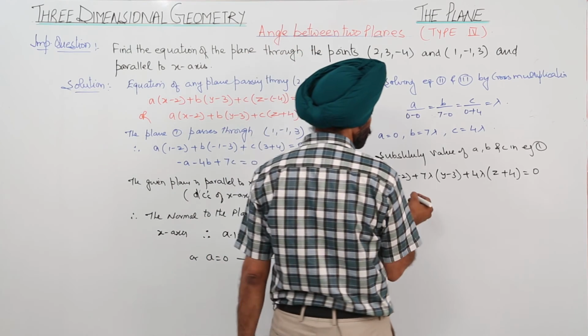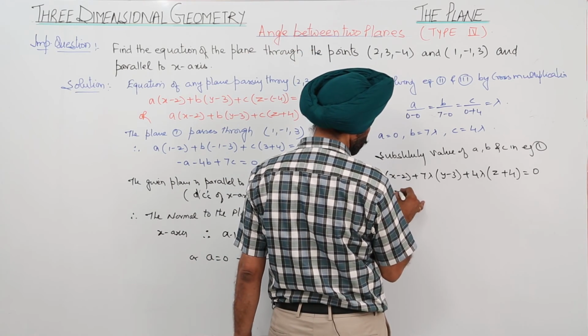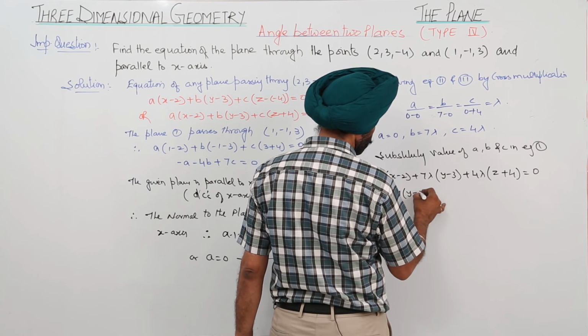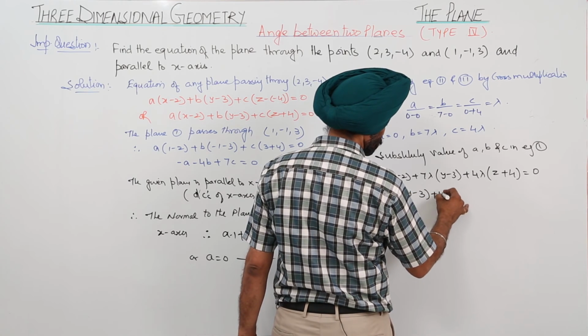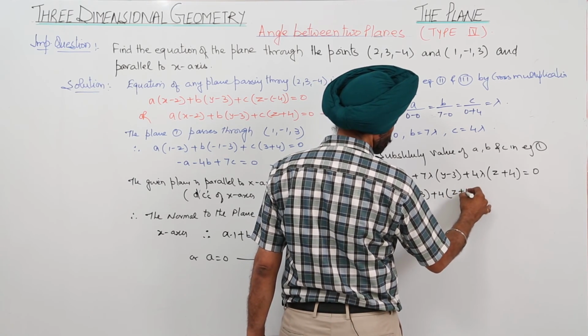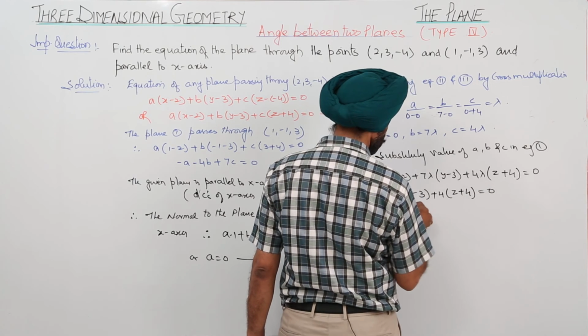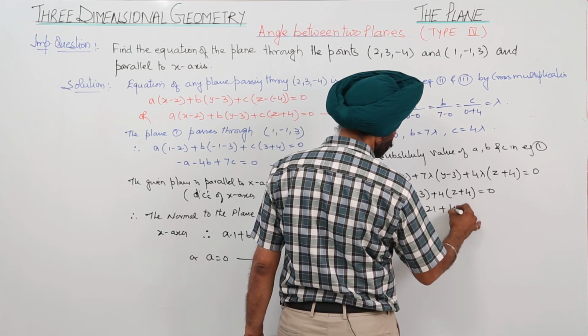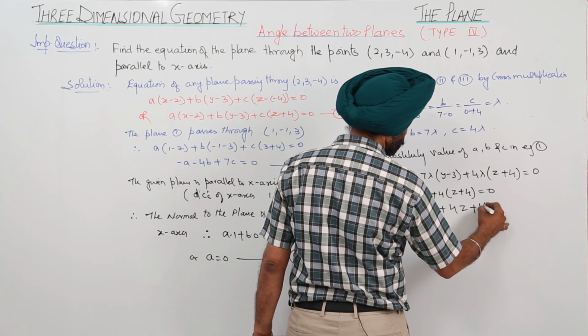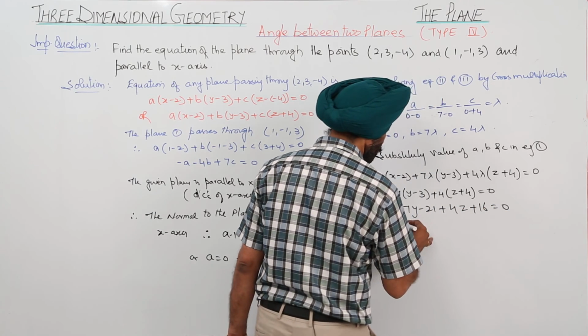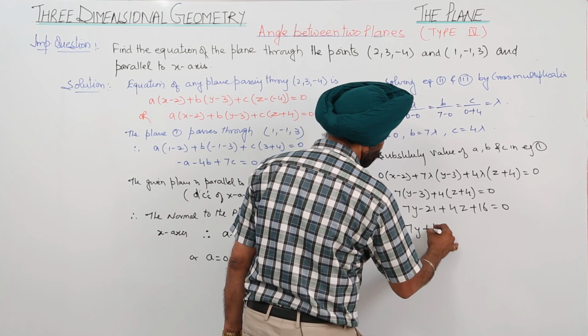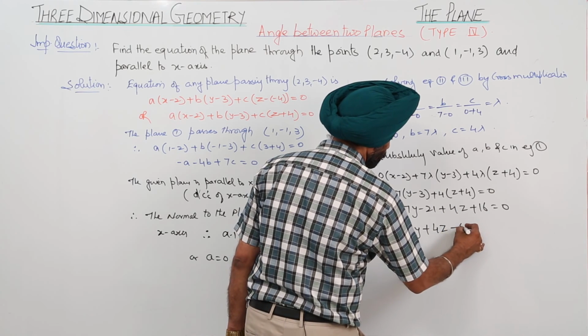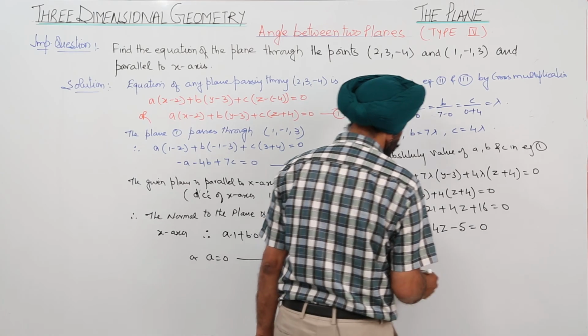So to this, what we can write now? We can write 7(y - 3) + 4(z + 4) = 0. 7y - 21 + 4z + 16 = 0. 7y + 4z - 5 = 0.